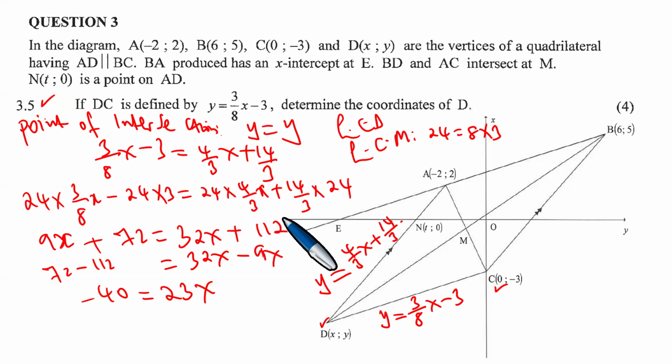Let's just check and make sure that we have the correct answer. We multiplied through by 24, and we just need to verify that everything is okay here. These gave us exactly a 9x, and this gives us a 72. Make sure that we're getting the right answers here.